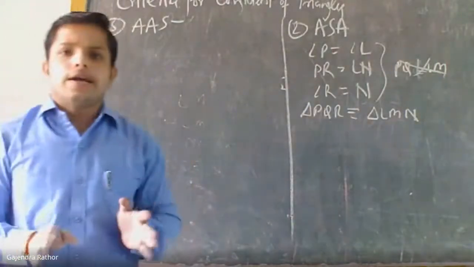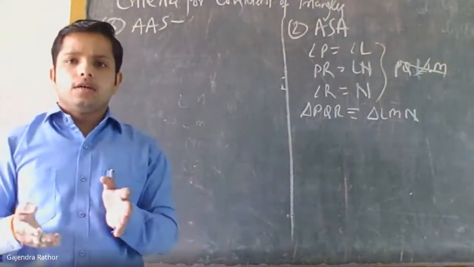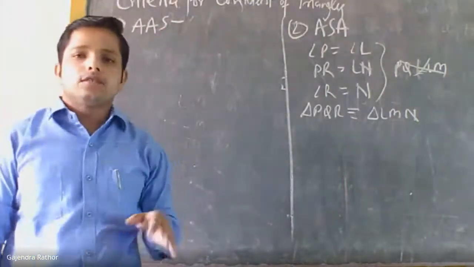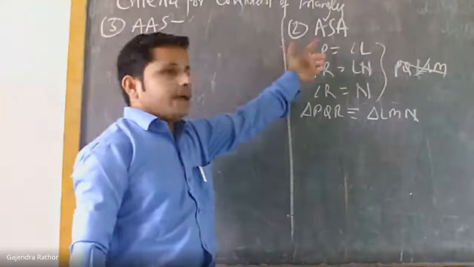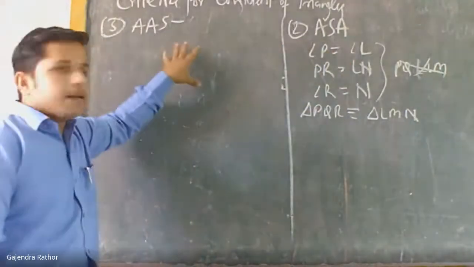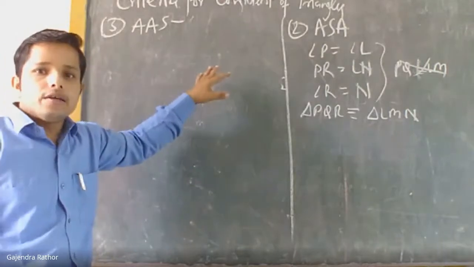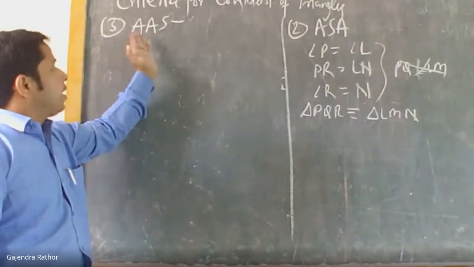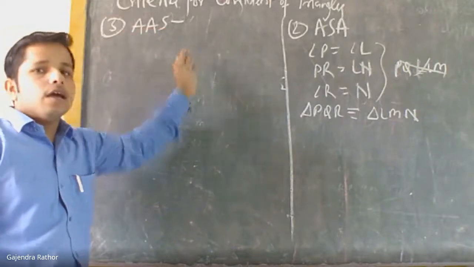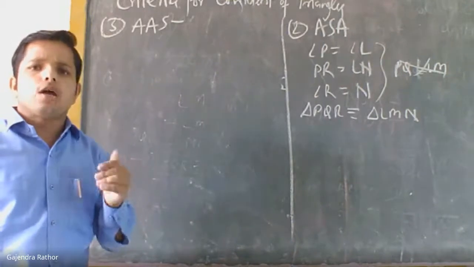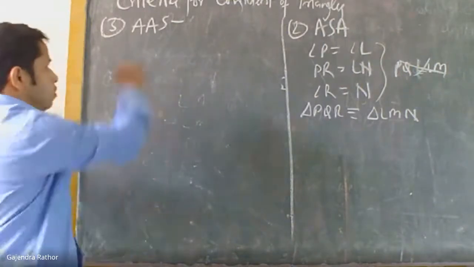It is not mandatory that the side is included by the angles; the side may be different. That's why it is named AAS: any two pairs of angles and any one pair of sides.